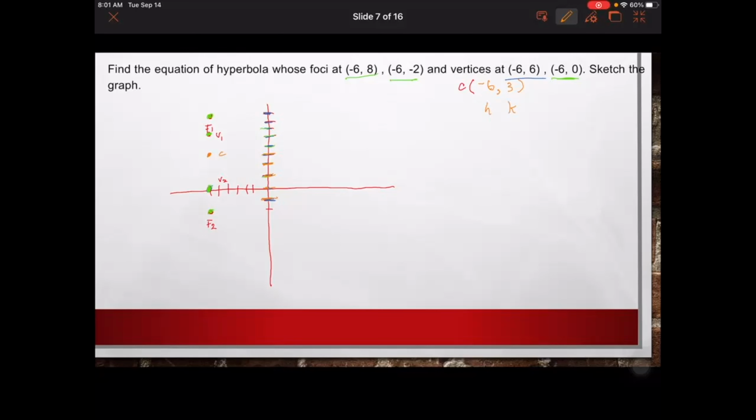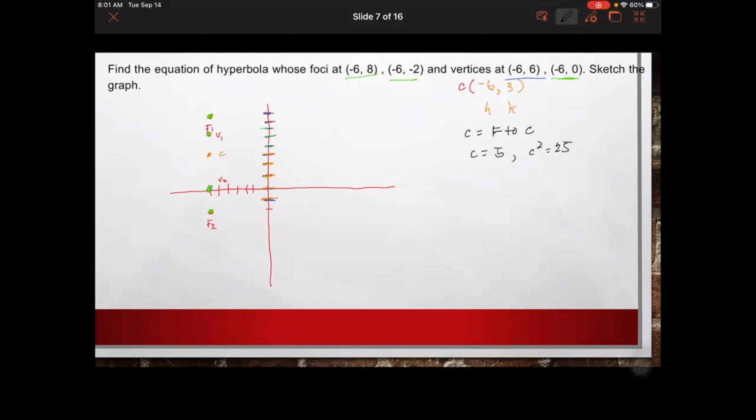Then, from the given, kuha tayo ngayon ng value ng C. So, C is equal to F2C. Ang ating F2C ay equals kay 5. So, C equals 5. Then, C squared is equal to 25 also.